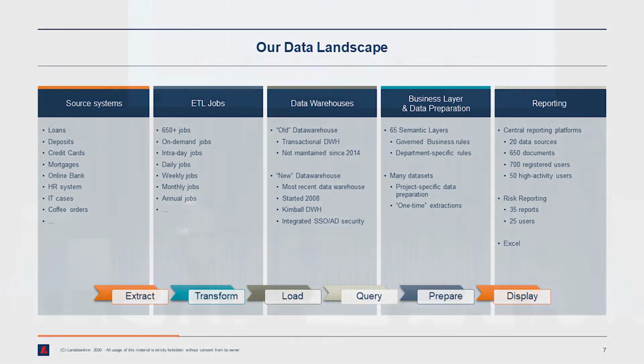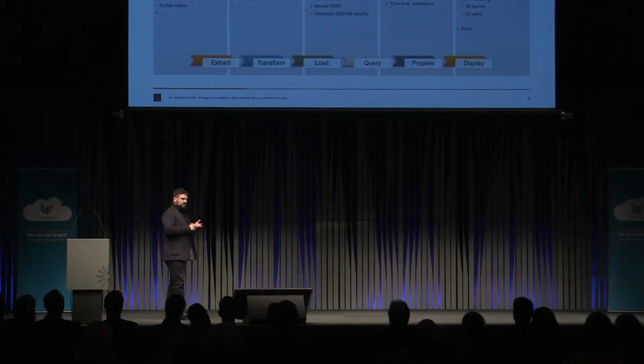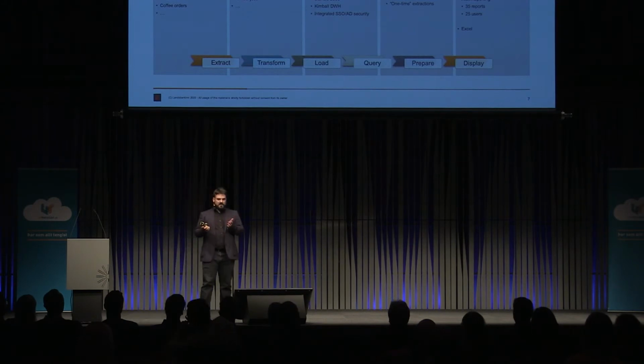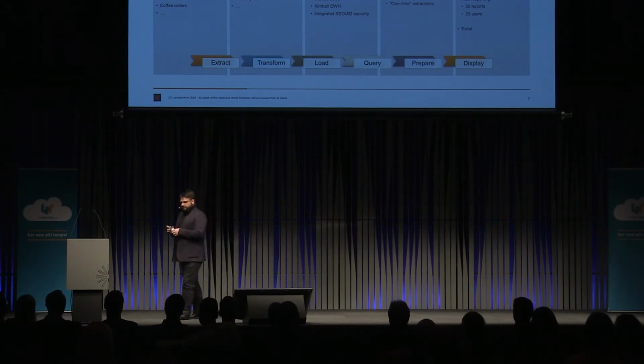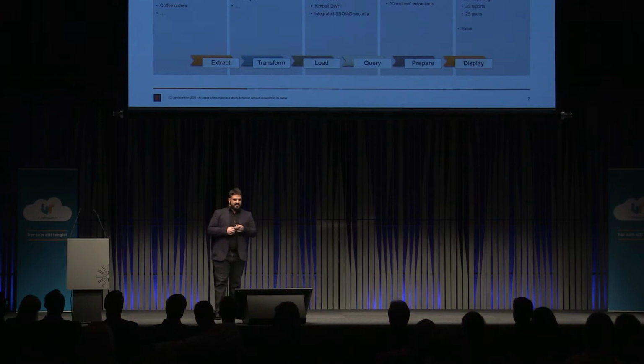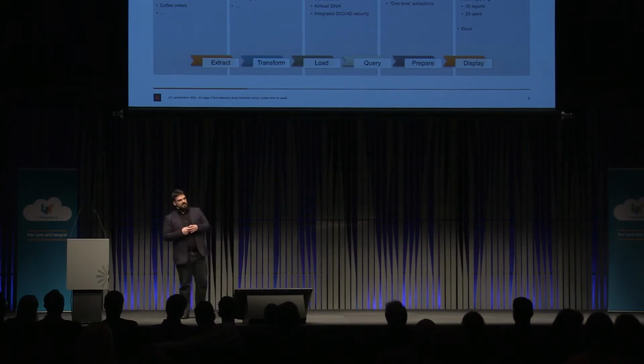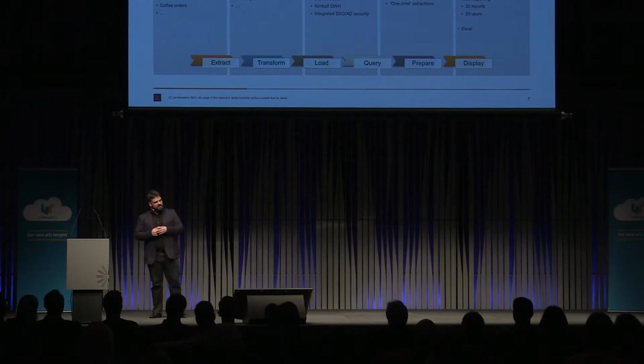We handle, of course, business data like accounts for customers, loans, deposits, credit cards, etc., as well as more internal systems such as the coffee orders, the scans in and out of the buildings, etc. And this is processed and then consumed by reporting systems. That's a pretty normal chain.